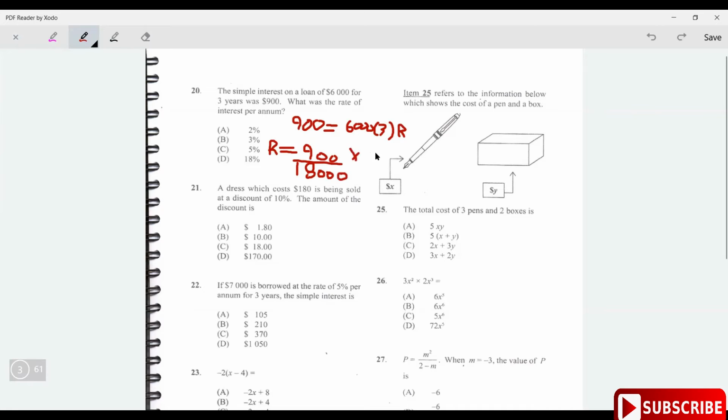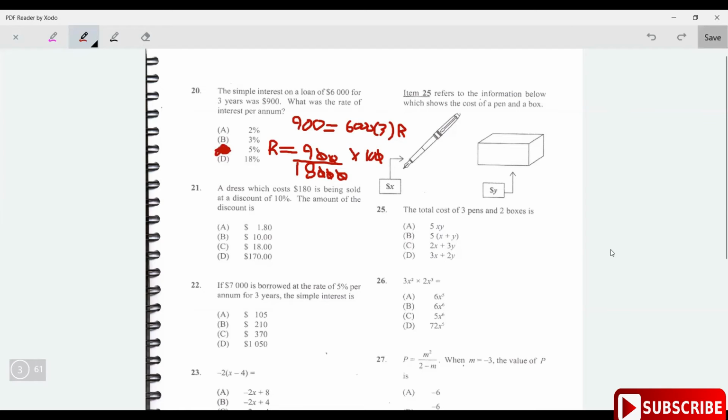And so you multiply it by 100. So this 0 cancels this 0 cancels this 0 cancels this. 10 times 9 is 90. 90 over 18 is 5. So that is 5%. That is the rate charged per annum.